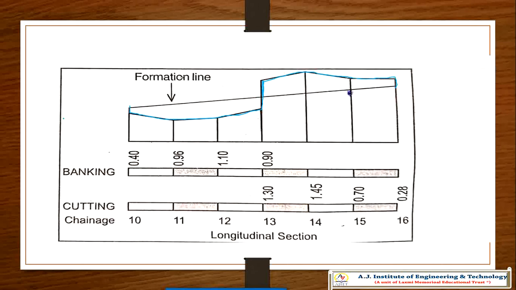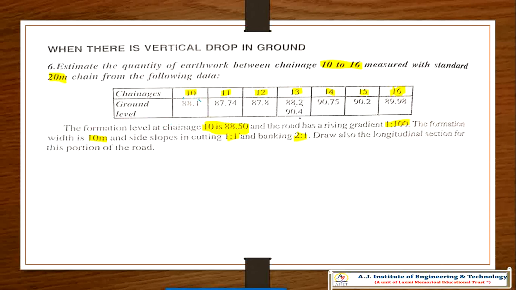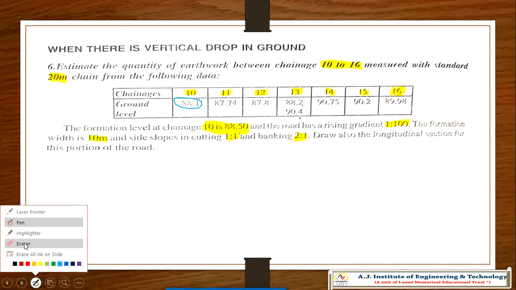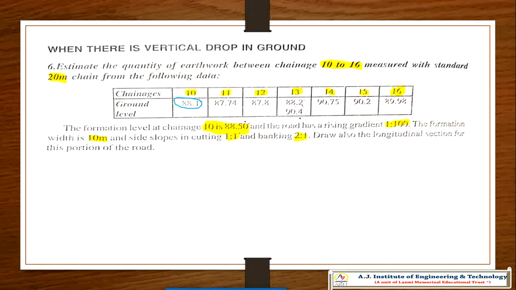And your formation line, what they mentioned: 88.1 is your ground profile, and your formation level at the 10th chainage is 88.50. Chainage number 10 means 88.1 is the ground level, and 88.50 is the formation level.